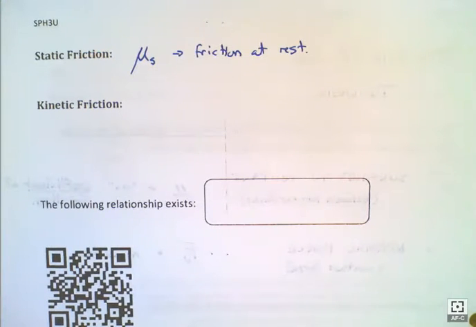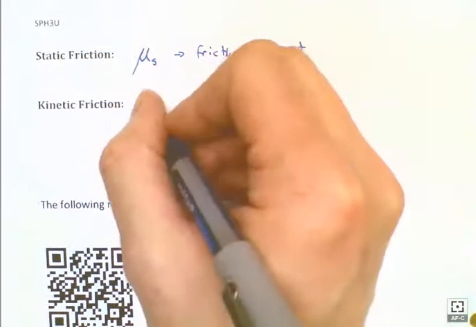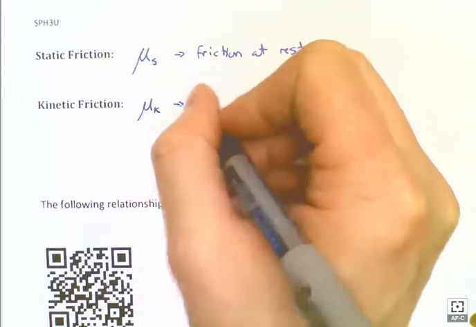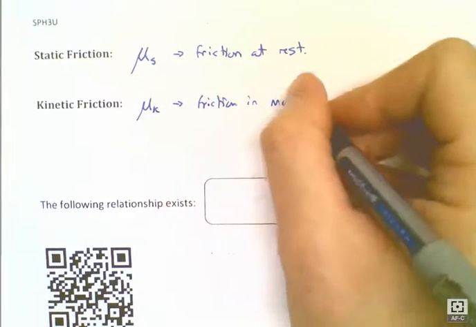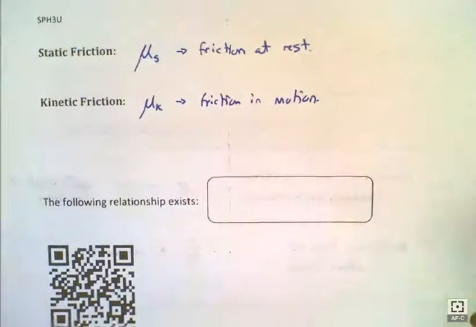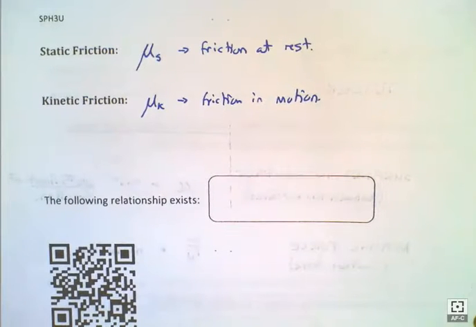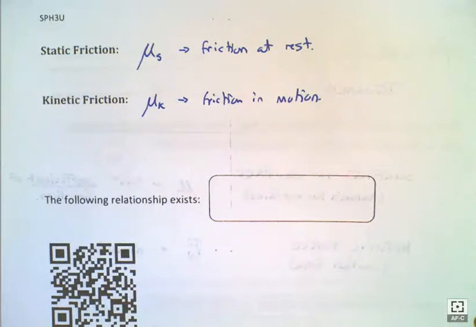And mu subscript k is friction in motion. And these mu values are just numbers that go up to like 1, 2, 3, whatever the case may be. They have different values. And we'll look at that in a few minutes, at the different values that mu's can have.